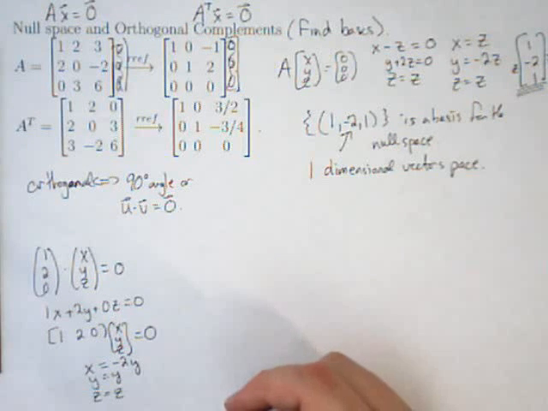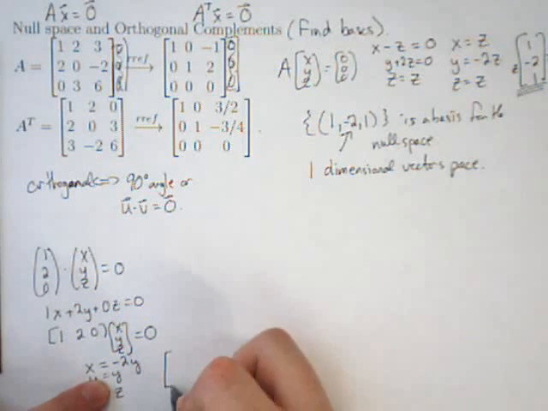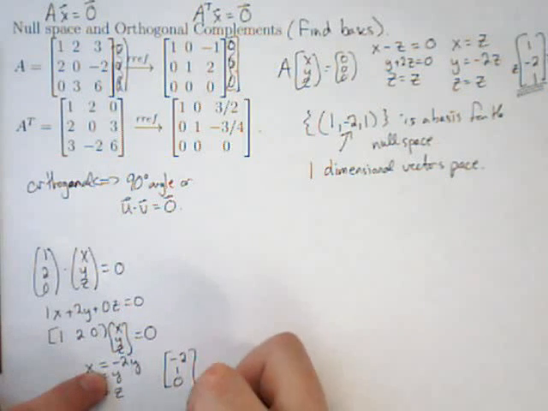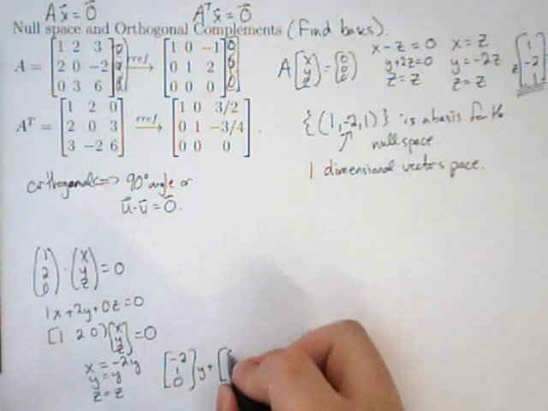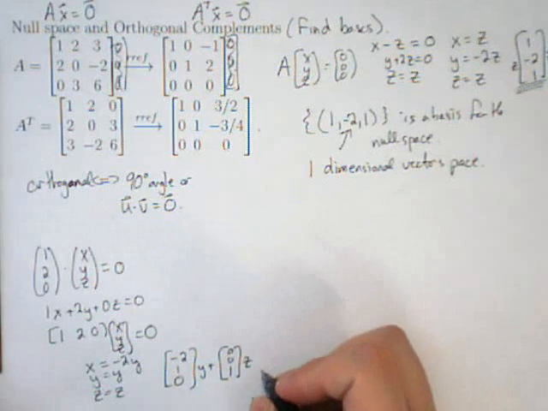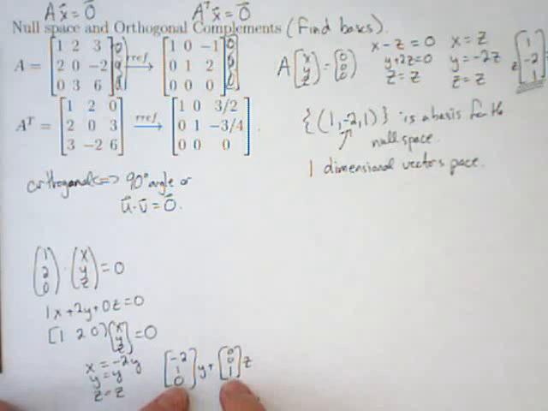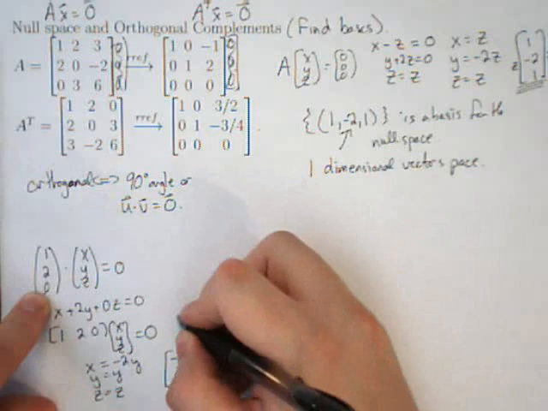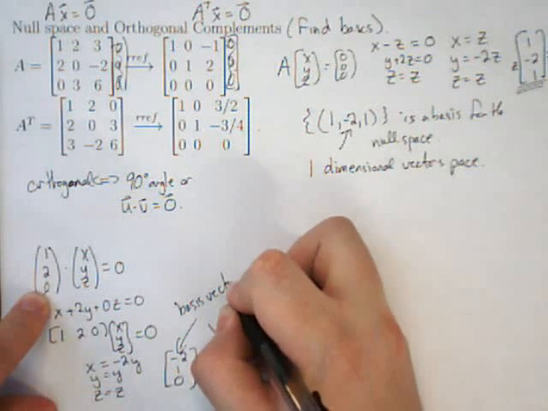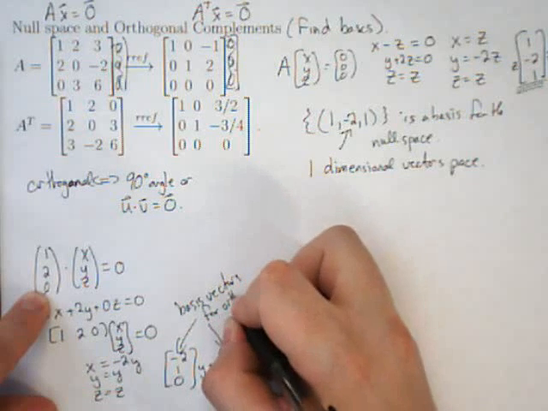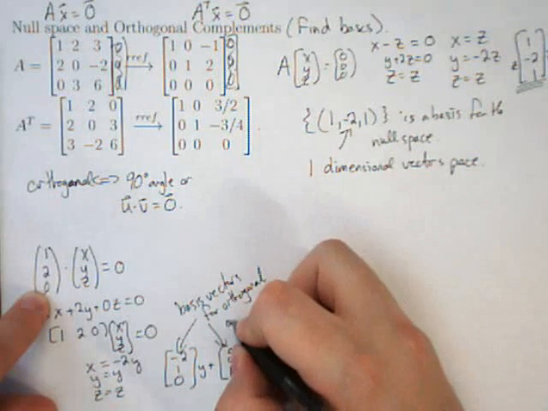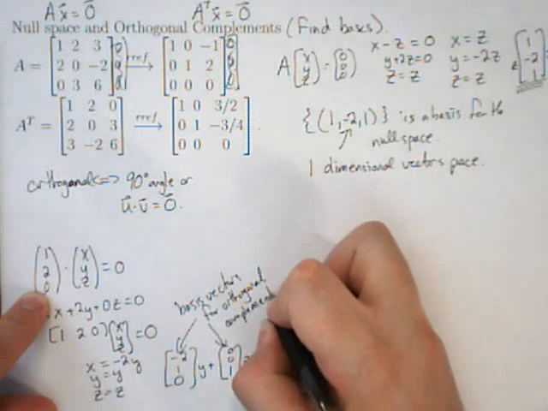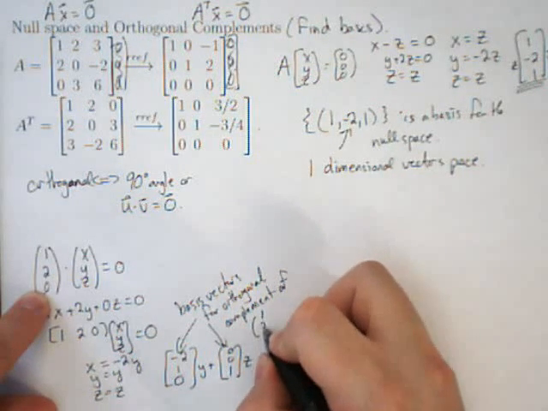That means I can take negative 2, 1, 0 times y plus 0, 0, 1 times z, and this gives me all solutions to that problem. Notice that there are two vectors in a basis for all the vectors whose dot product with 1, 2, 0 is 0. So these two vectors are my basis vectors for the orthogonal complement of the vector 1, 2, 0.